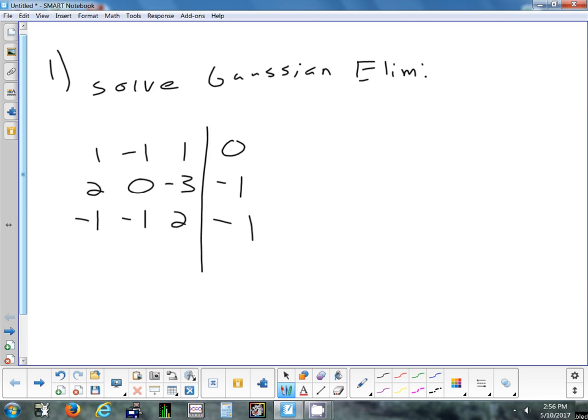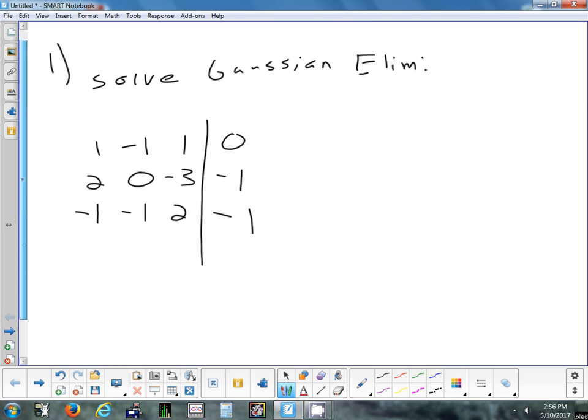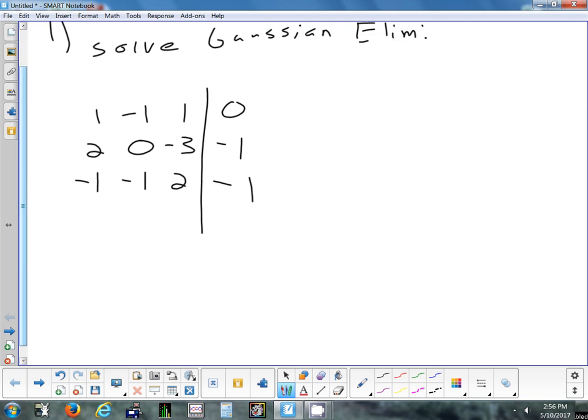Do we already have a 1 where we want it in the first row? Yeah. If I didn't, I might do some swapping to make that happen. Okay, so the next thing, 0 here, 0 here. What would you multiply row 1 by and then add it to row 2? -2 times the first, add it to the second, and we're going to put that in row 2.